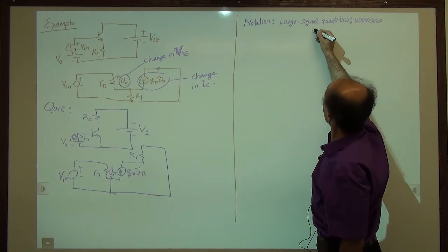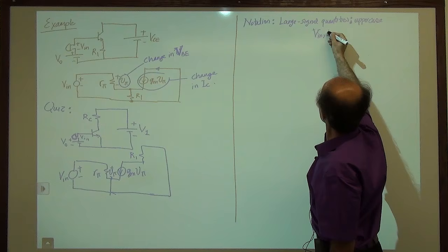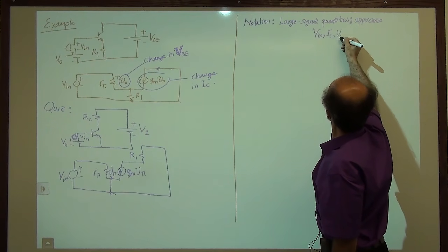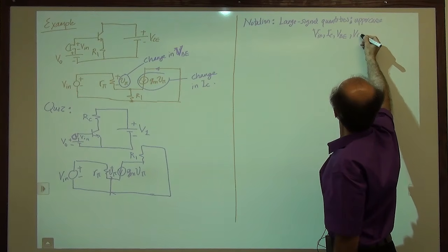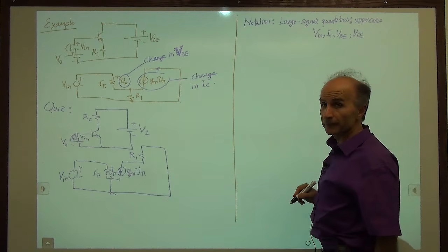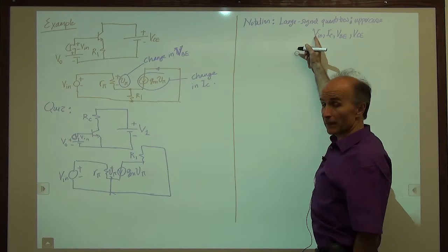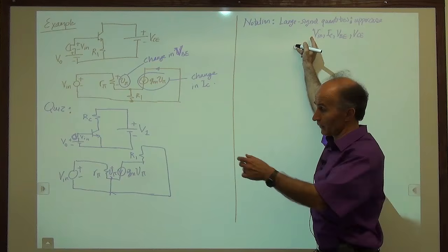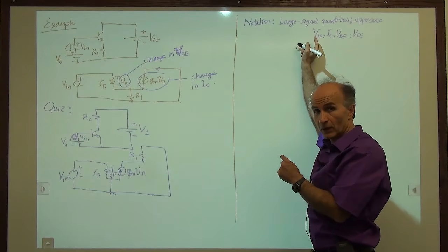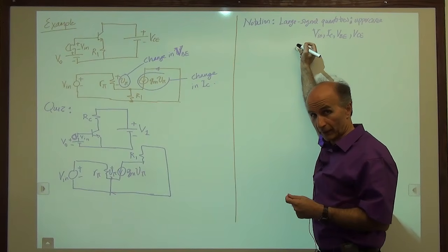So examples would be Vn, IC, VBE, VCE, etc. So this Vn, if it's written like this, means that it's large signal. It can be anything. It's not a little tiny signal from the microphone. It can be 200 millivolts, 300 millivolts, or something, right?